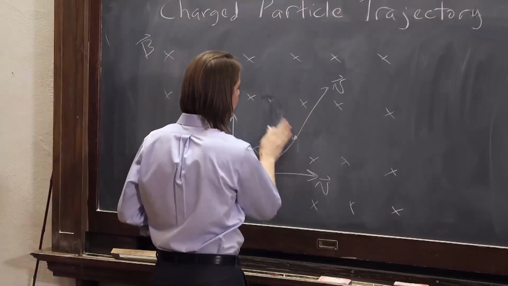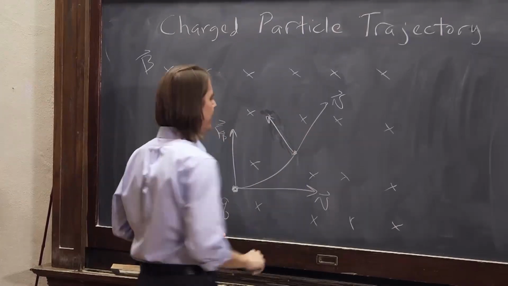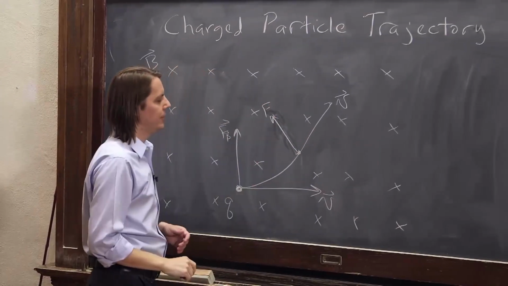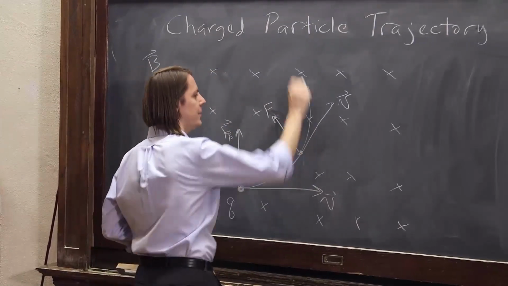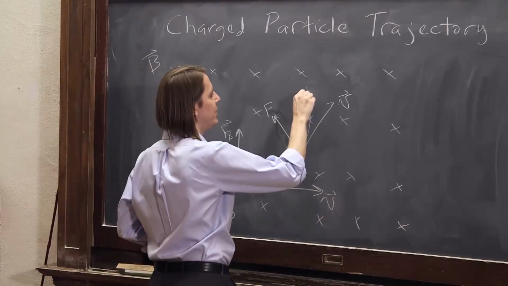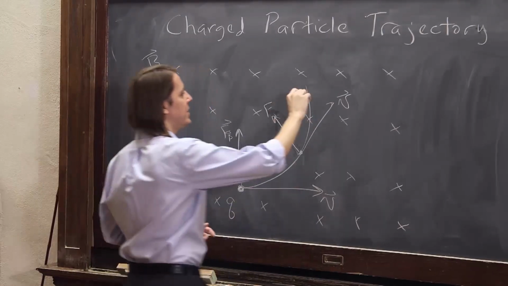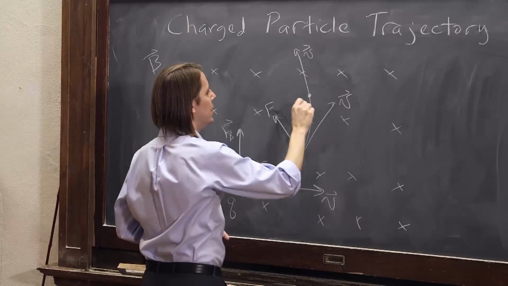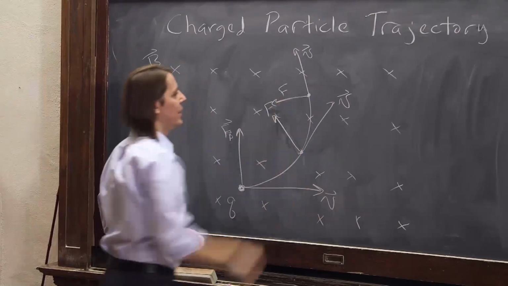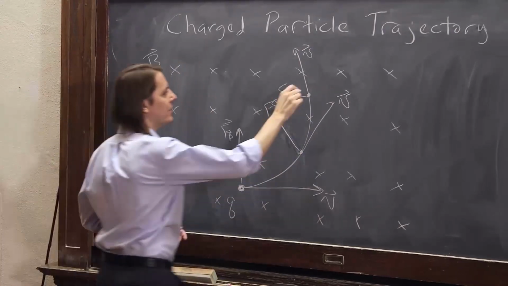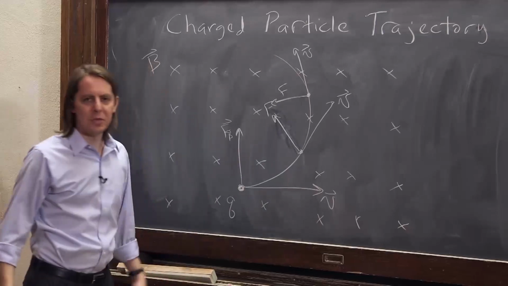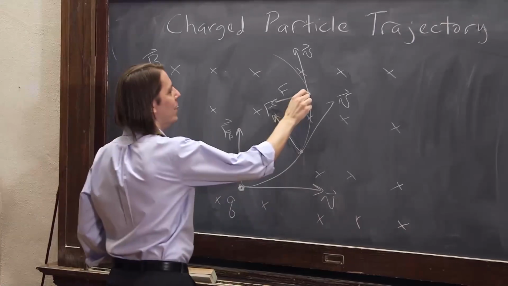So as our velocity changes, our force also changes. Okay? So you say, okay, well, it'll follow the trajectory like that. Oh, but wait a minute, when it gets to here, the velocity's changed again. Now the velocity is this way, and the force is now that way. Say, okay, it's going to kind of go like that. Well, you can see what it's going to do, and you've probably read already, you know what it's going to do.